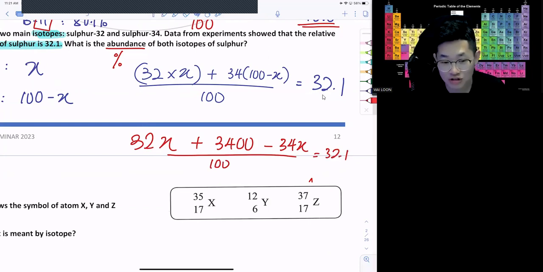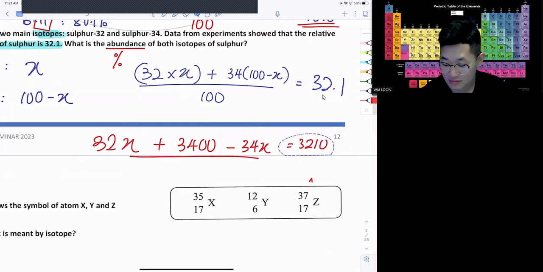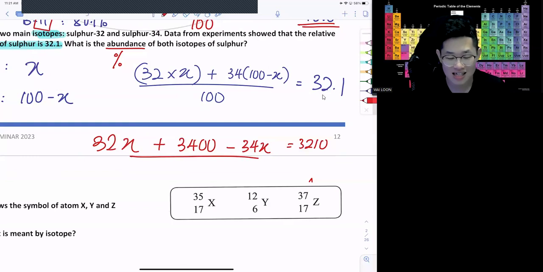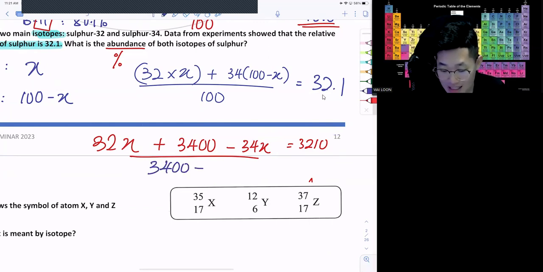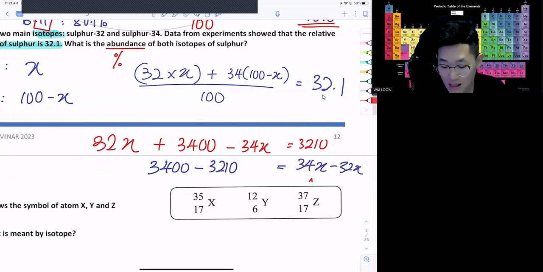So I move the 100 to the opposite side first, guys. After I times 100, it gets 3210. Understand? And you can move everything to their side. Let's say I move the unknown to the other side. So it will be 3400 minus 3210 equals 34x minus 32x.